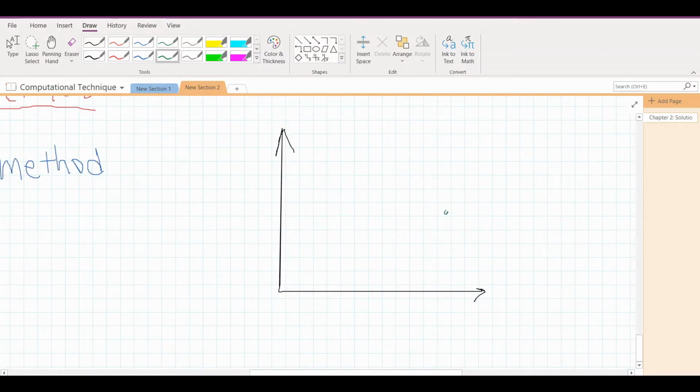If this point was our required solution, what to do here is, if you take this one as the initial guess, then we get a slope like this, and then another slope will be perpendicular to the first slope, and then we'll reach a point here.